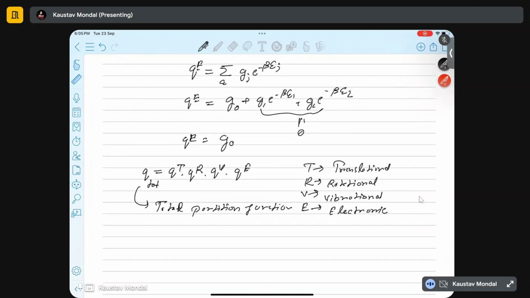So these are basically different contributions to the partition function.